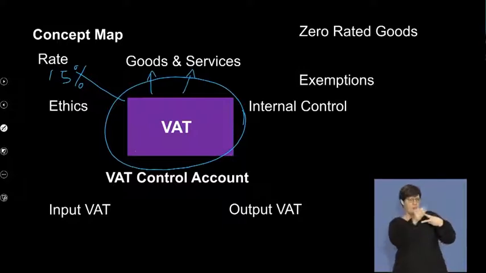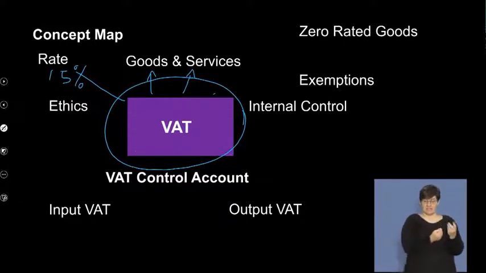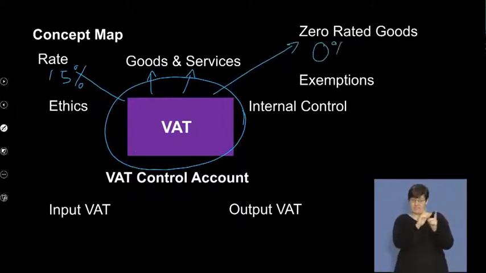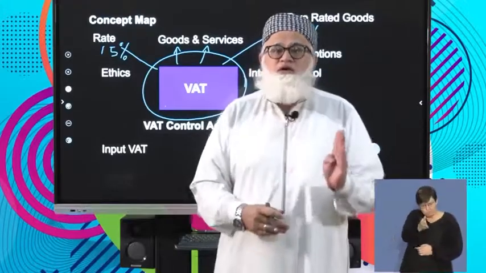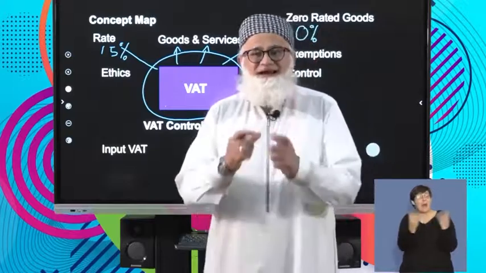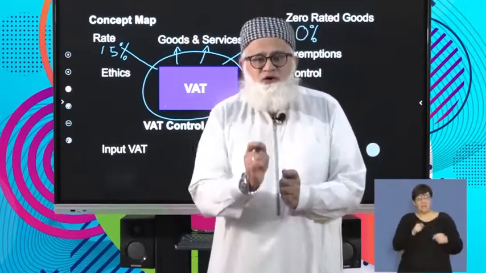Then within the category of goods, you get some goods that are zero rated, meaning the VAT rate is 0%. And this is something very often candidates tend to forget. It means that there is VAT levied on zero rated items, but the rate of VAT is 0%.